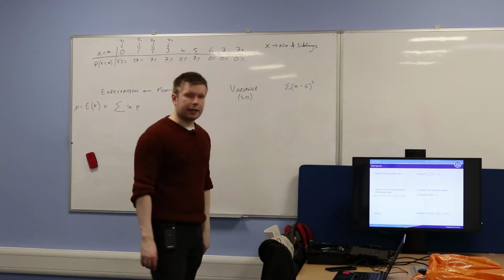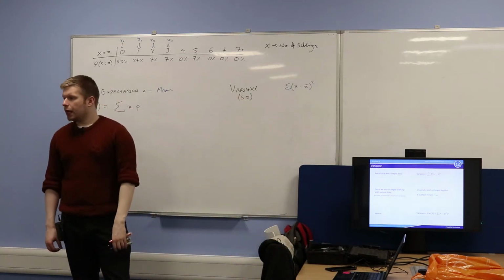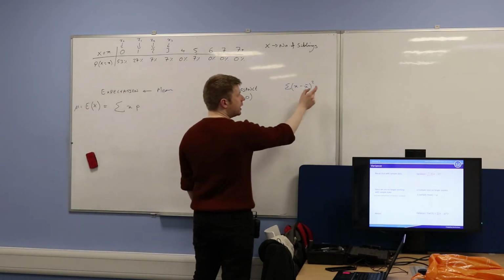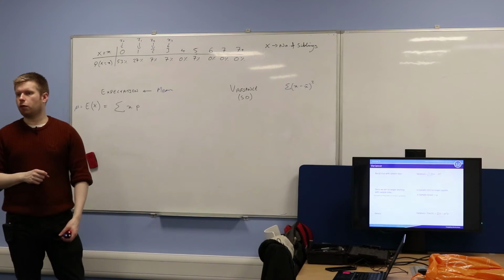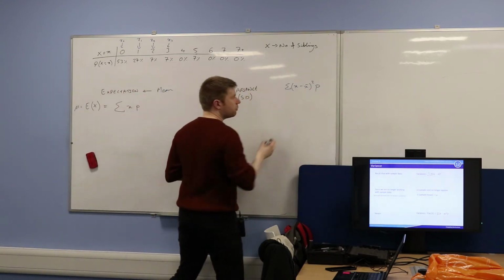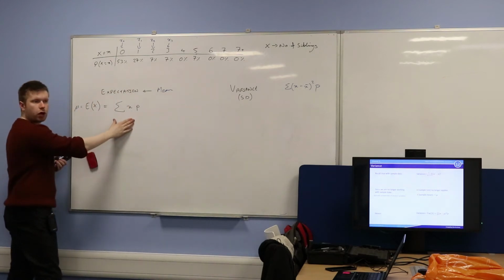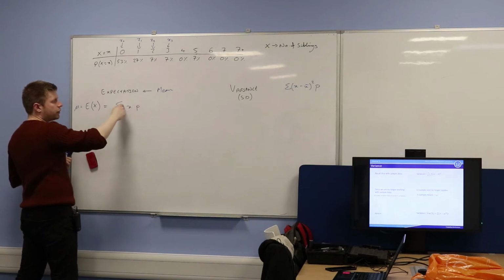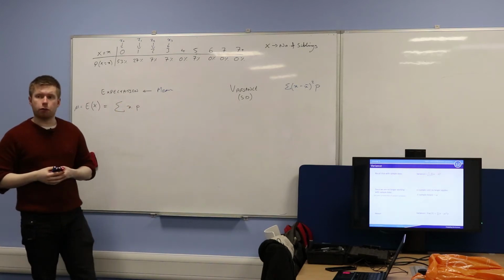What I'm literally saying now is that variance should be this kind of idea, but multiplied by their associated probability. Does that make sense? Similar kind of idea to what we were doing over here. When we were just taking the mean, we took each individual outcome, multiplied by its associated probability.